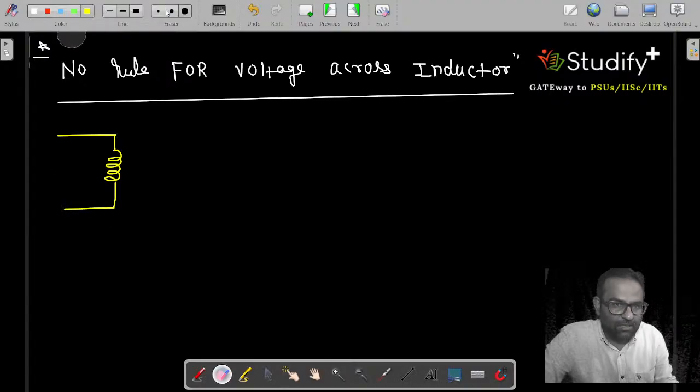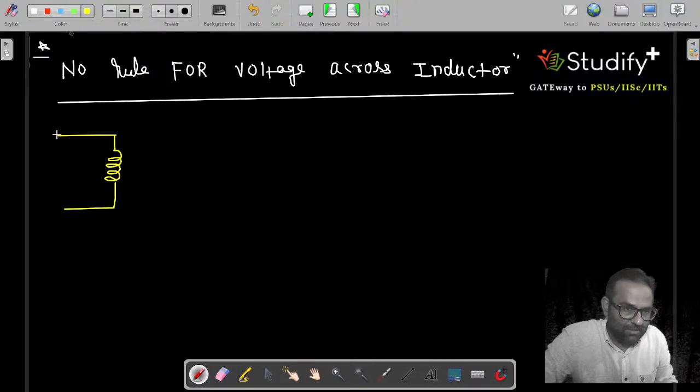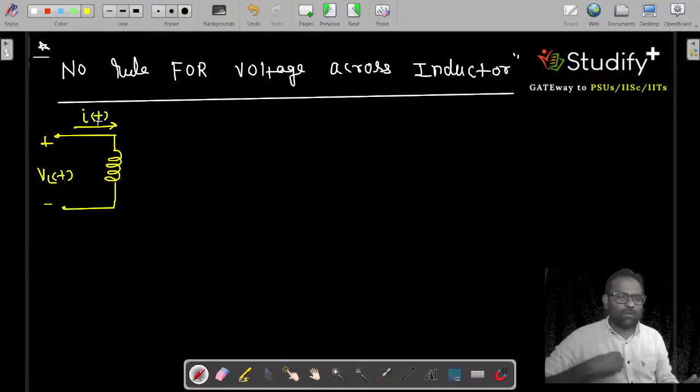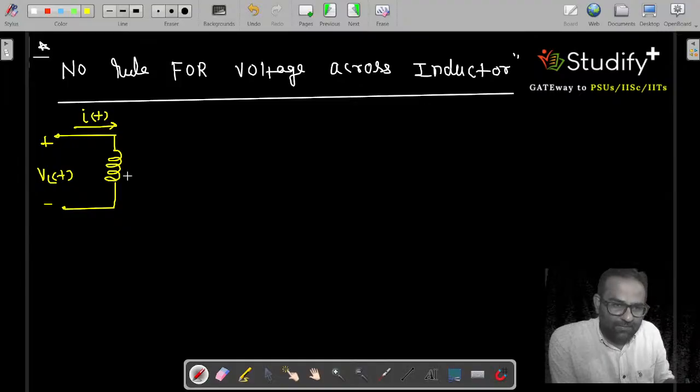This is our inductor, and this value is v_L(t), the voltage across the inductor, and this value is i(t). And this value is L.